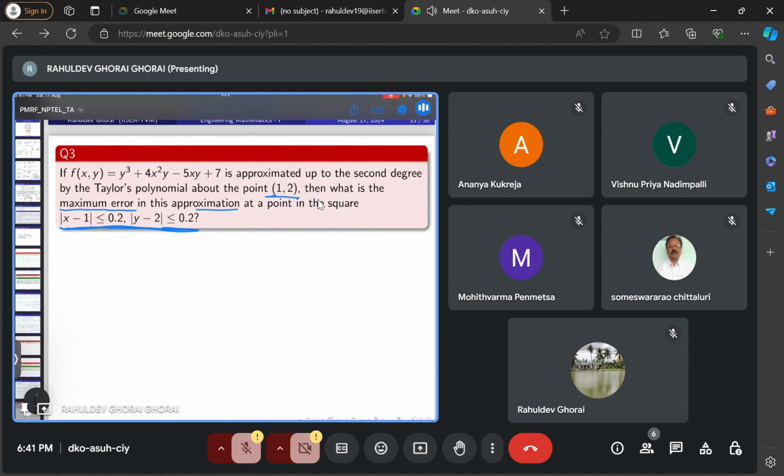So this square is nothing but a rectangle in which the point 1 2 also lies.